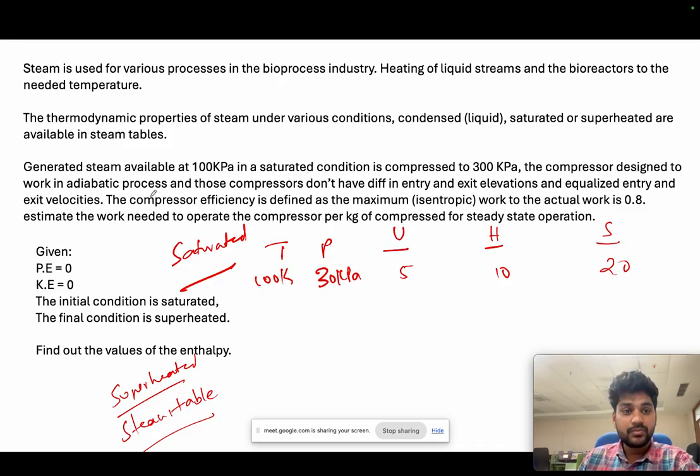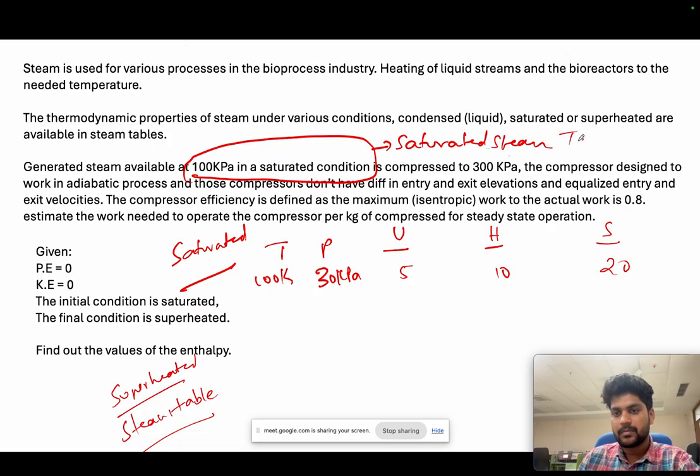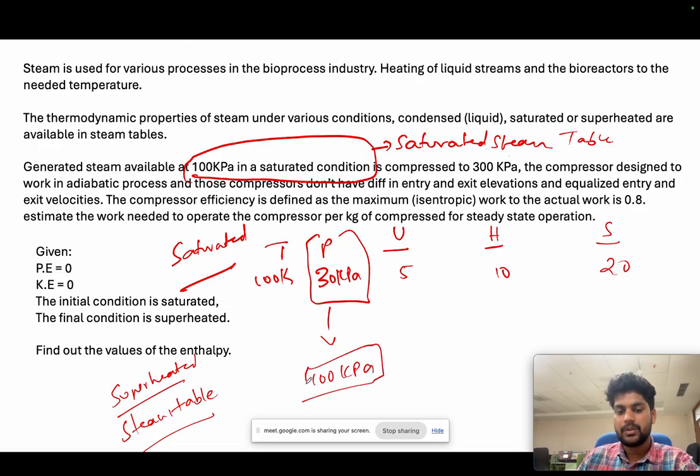Now you need to understand two things. They said saturated condition, so you need to go to the saturated steam table and look at the P values. Go until P as 100 kilopascal. Do you have the steam table with you? You can try it out now itself.